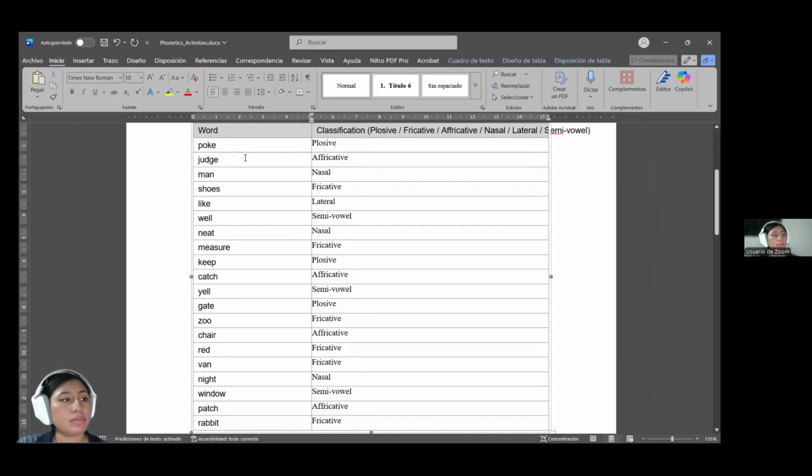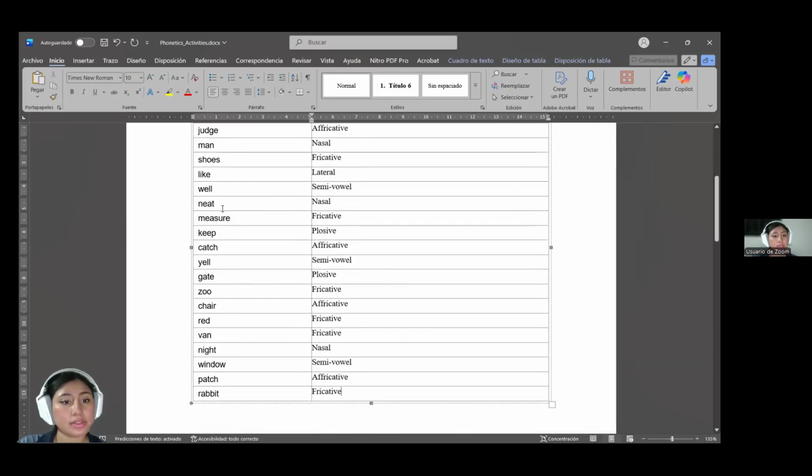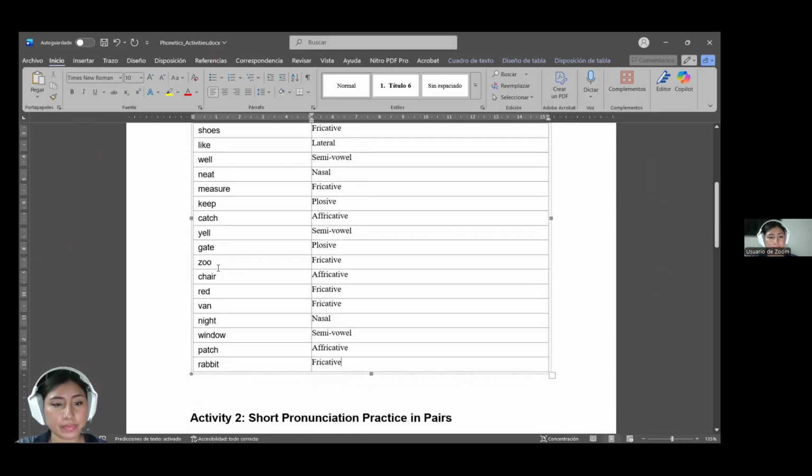Poke, judge, man, shoes, like, well, neat, measure, keep, catch, yell, gate, zoo, chair, red.